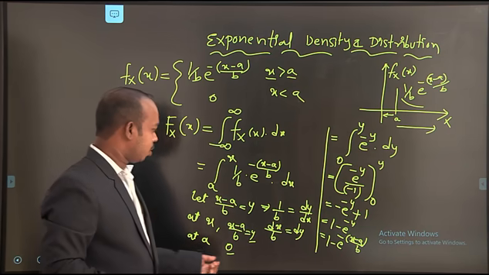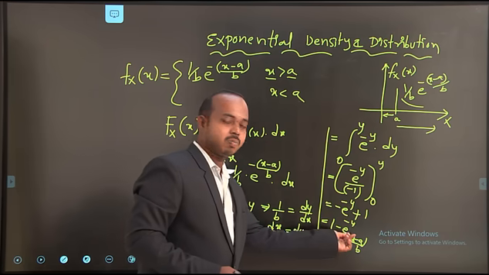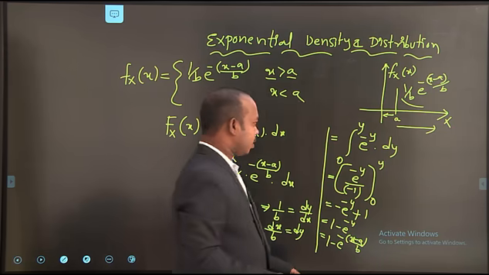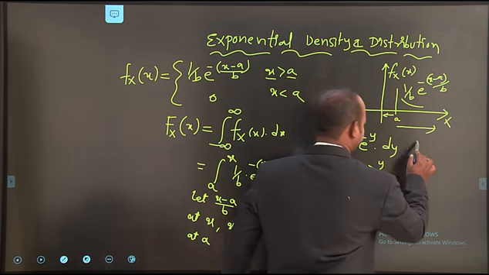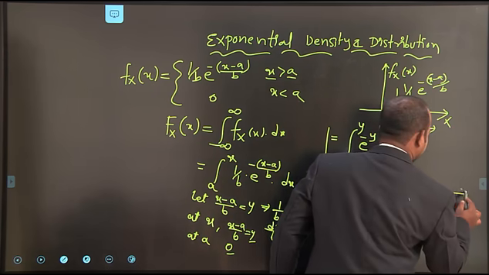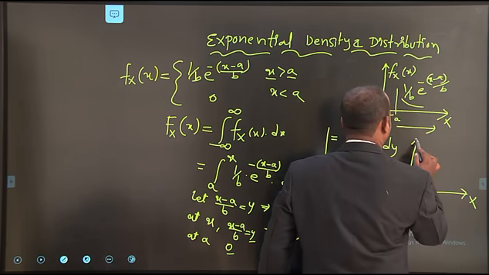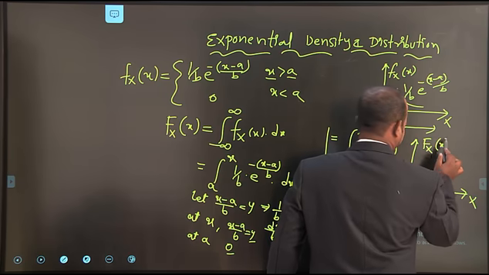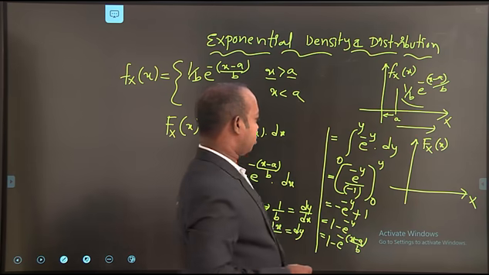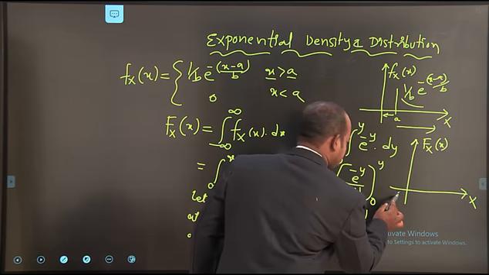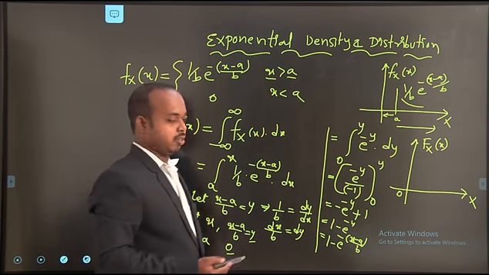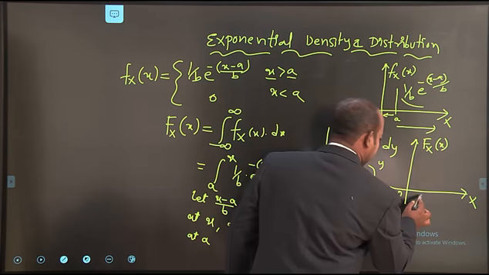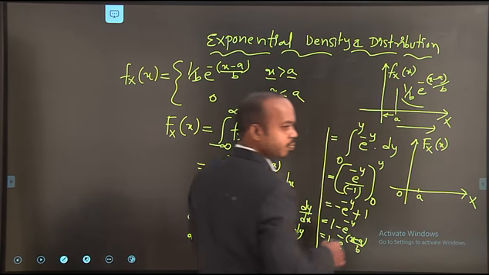The exponential probability distribution function is 1 minus e power minus (x minus a) by b, where x is greater than a. What is the graphical representation? x is in the horizontal direction, and in the vertical direction we take Fx of x. The real constants are a and b. The a value I am taking on the horizontal axis.